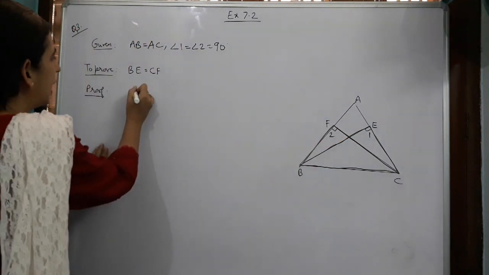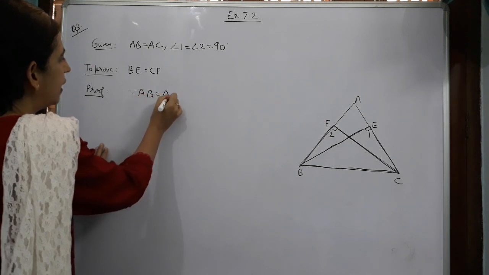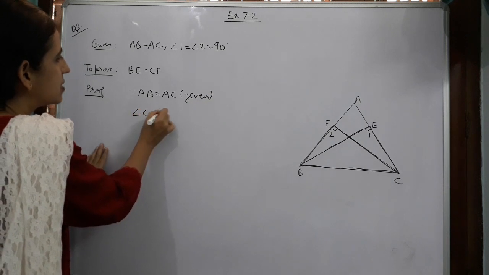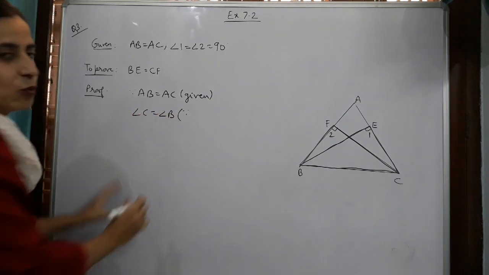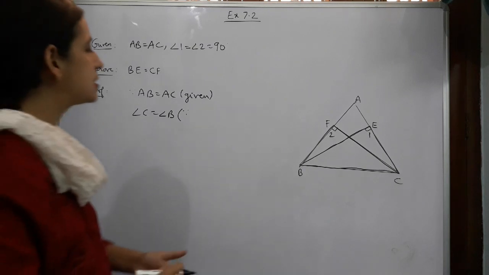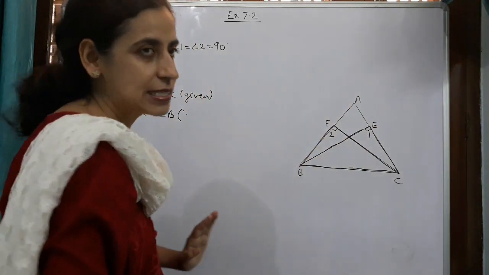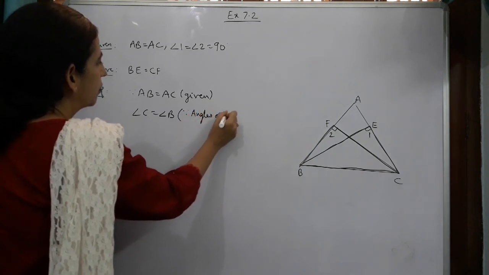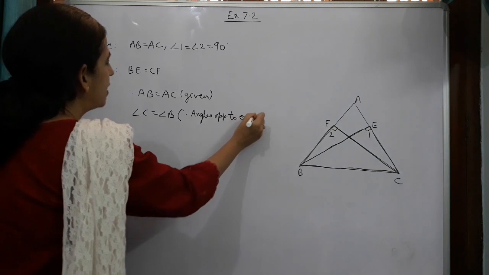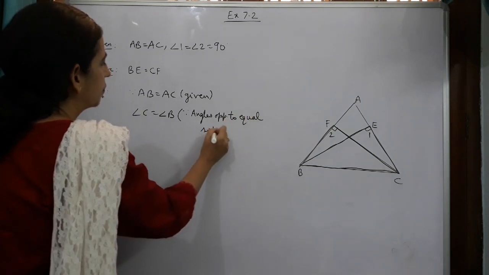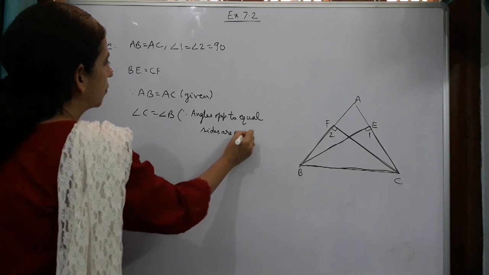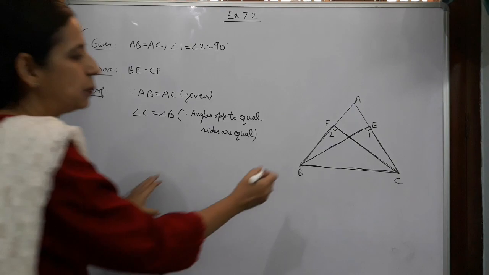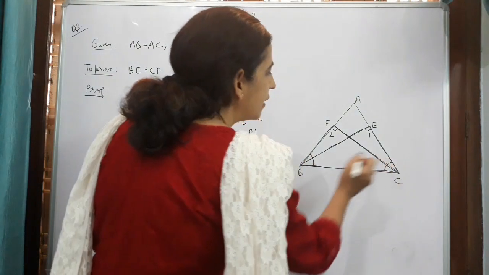Since AB is equal to AC, this is given to us in the question, angle C is equal to angle B. What is the reason for it? Since angles opposite to equal sides are equal. So we write down the reason. So we obtain angle C is equal to angle B. That is, these two angles are equal.